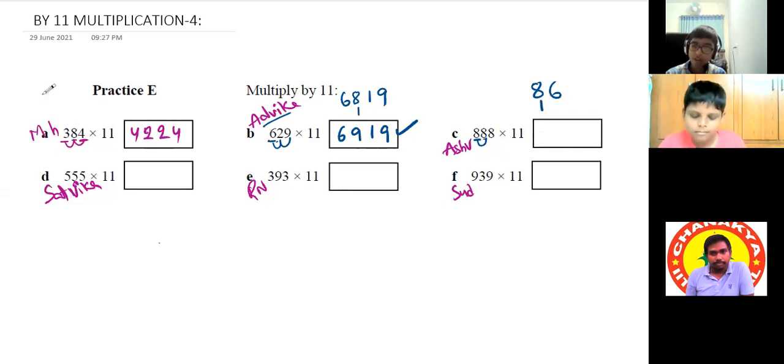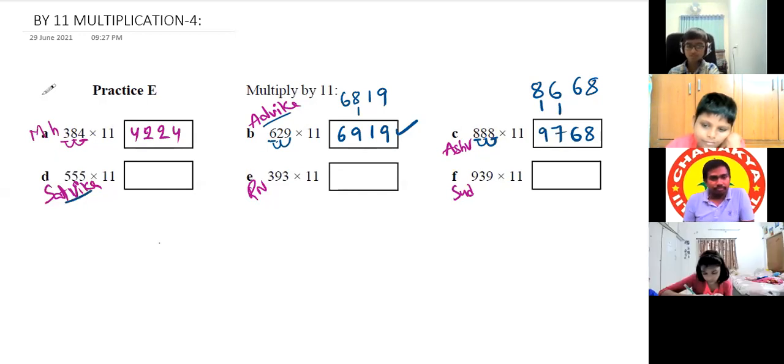Next, we need to add now 1 to 8. It will become 10, sir. Then again 8 plus 8 is 16, means 1 here, 6 here. No, 8 as it is, sir. And at the end 8 as it is. Sir, the answer will be 9768. Very good. Satvika.